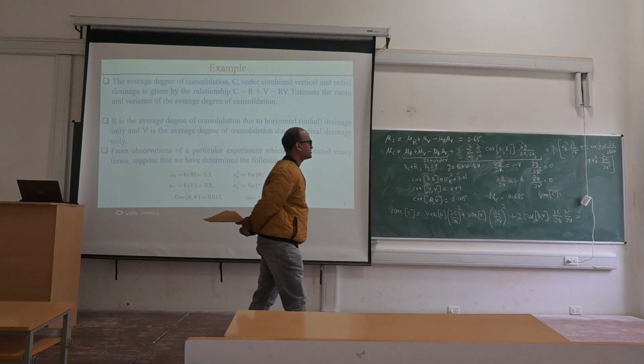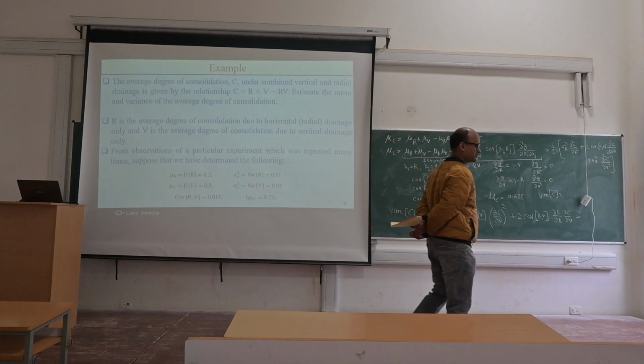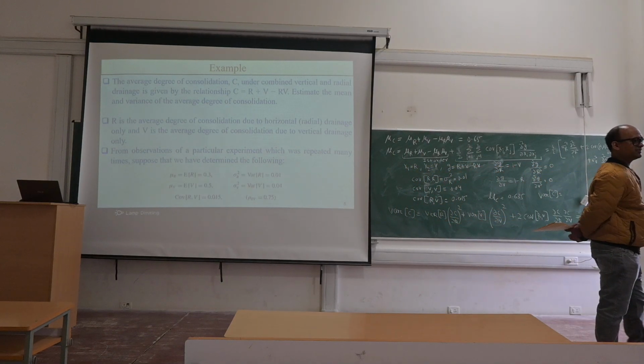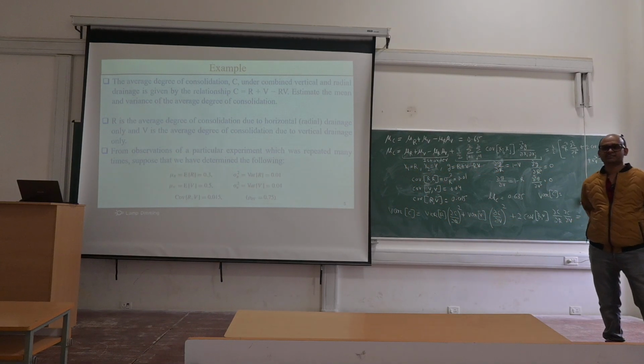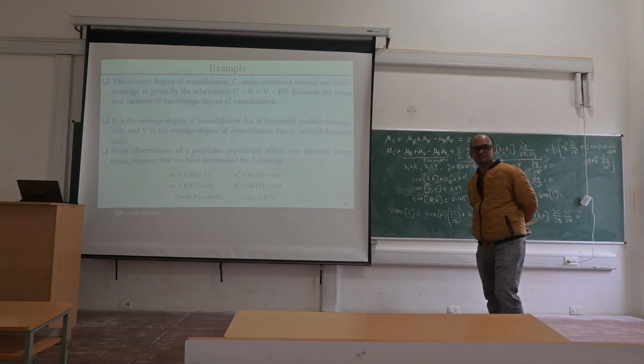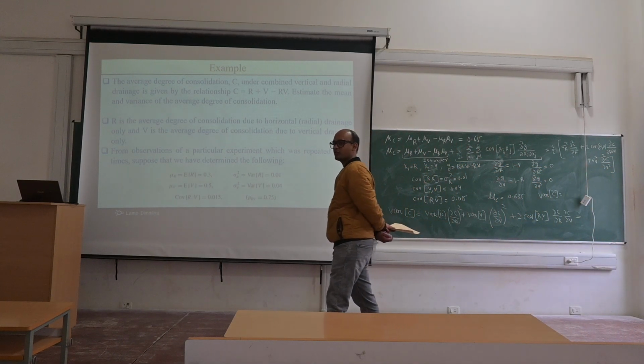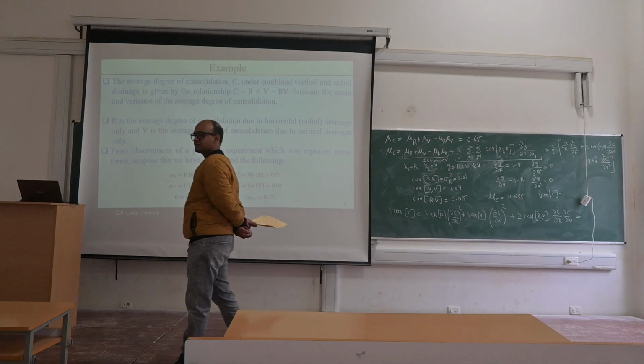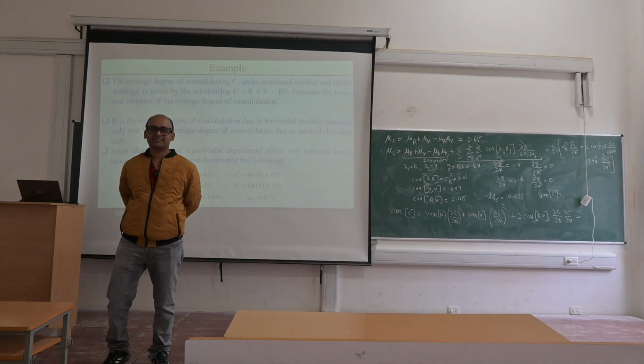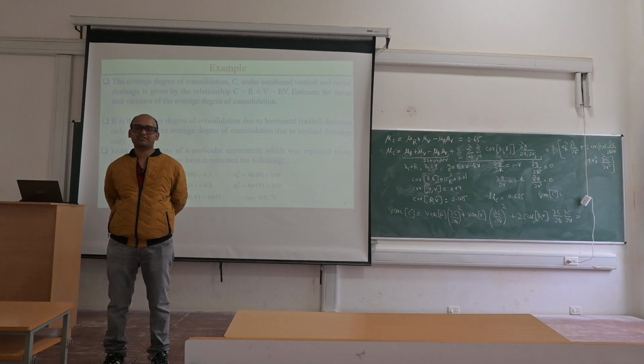I think next time, when I teach this course, I will write everything in a book form and circulate that book, and I will say, okay, you go read and come and ask questions. Flipped classroom.